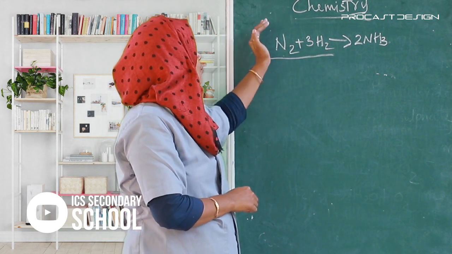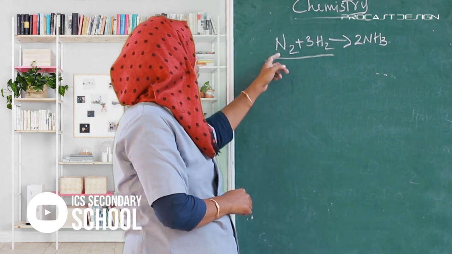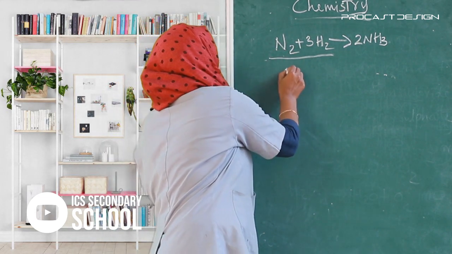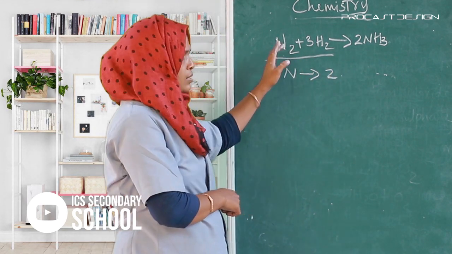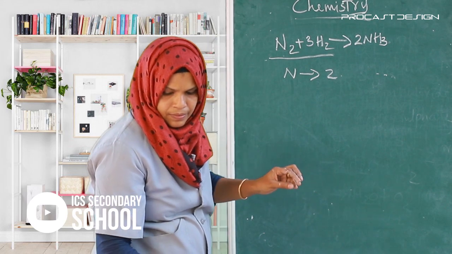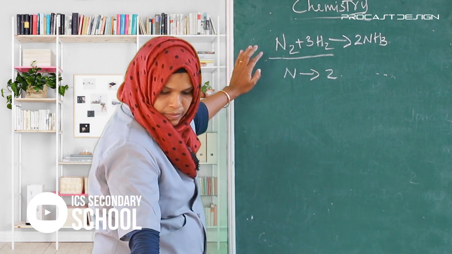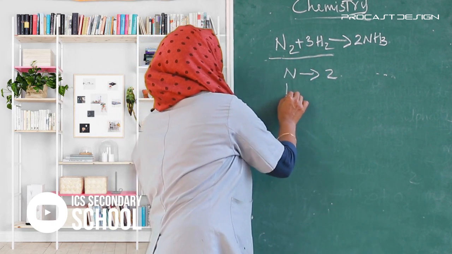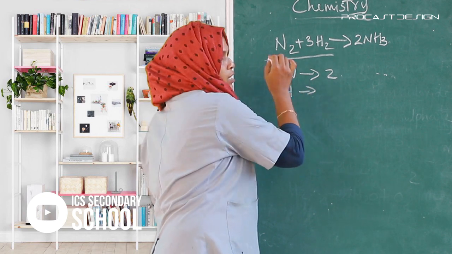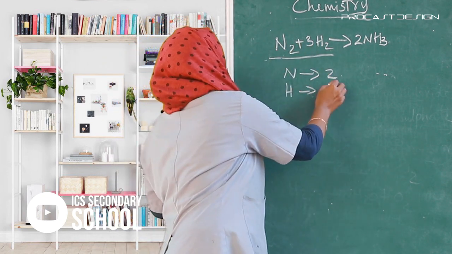Okay, first find out the total number of atoms. Here the number of nitrogen atoms is 2. Then hydrogen: the total number of hydrogen atoms is 3 into 2, 6.